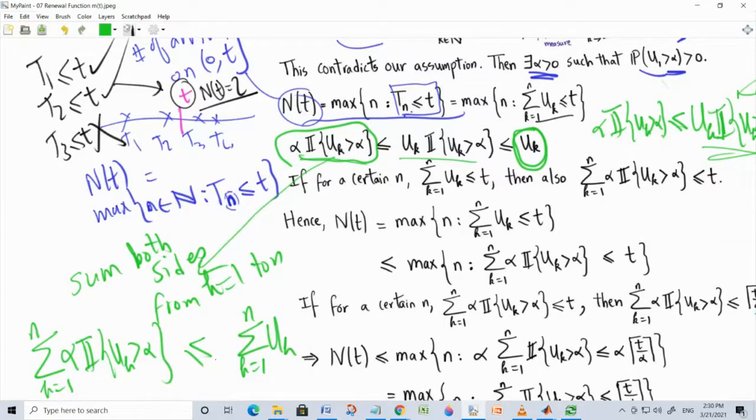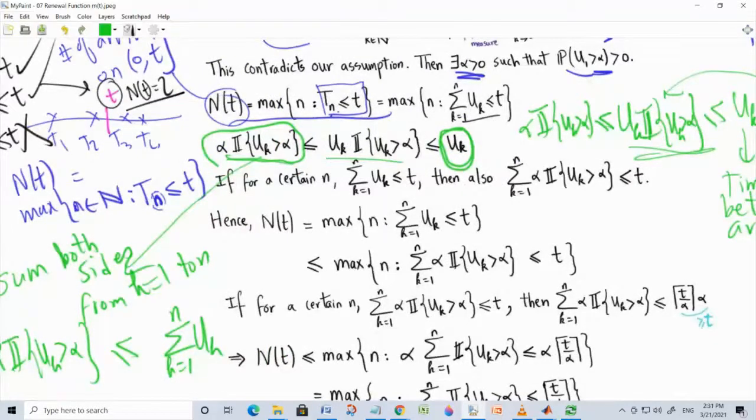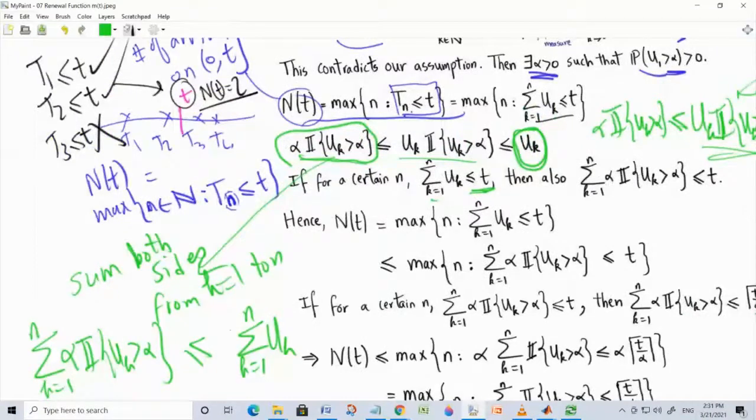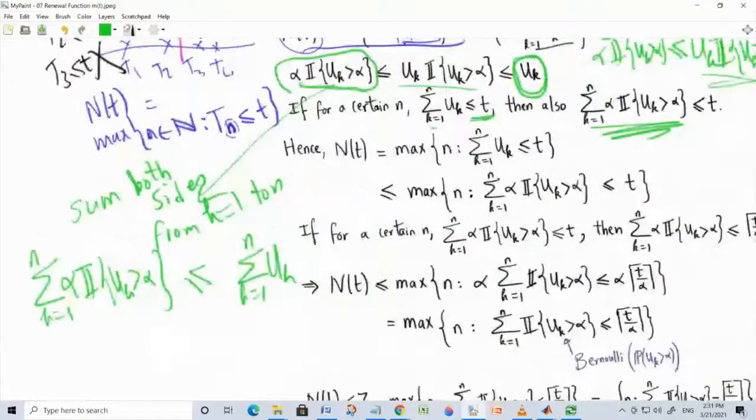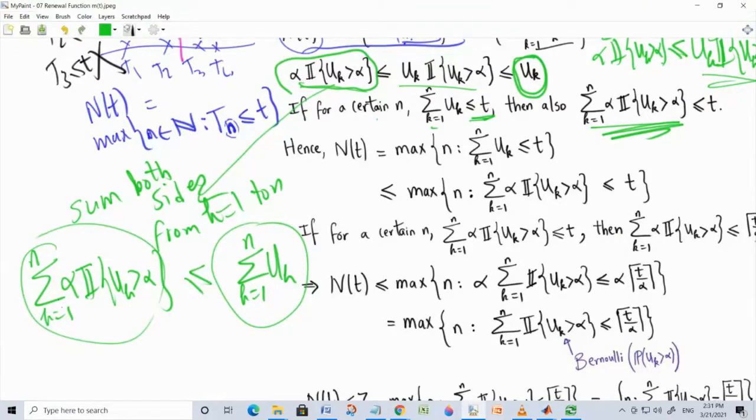Now if the sum of the U's is less than or equal to t, then it must be the case that this smaller sum is also less than or equal to t.